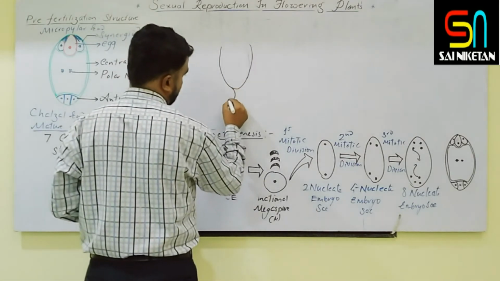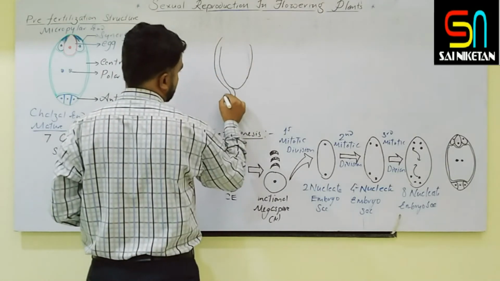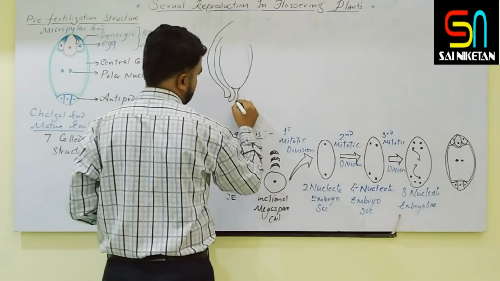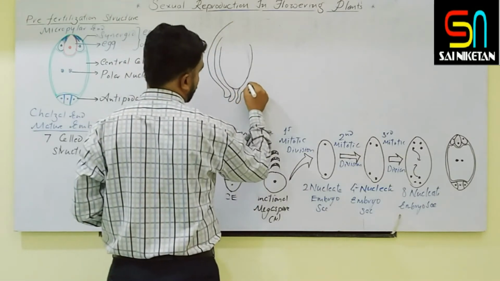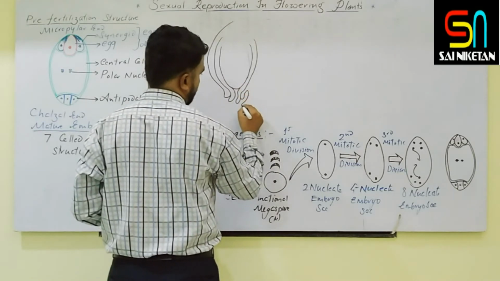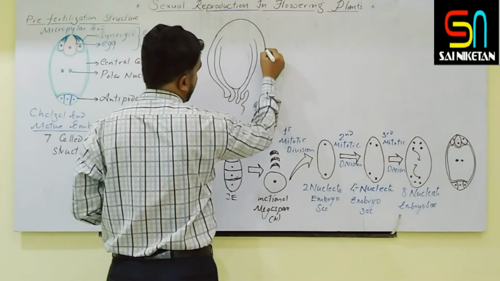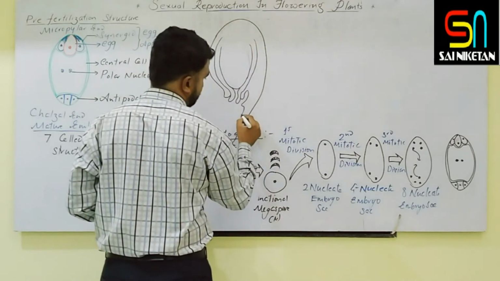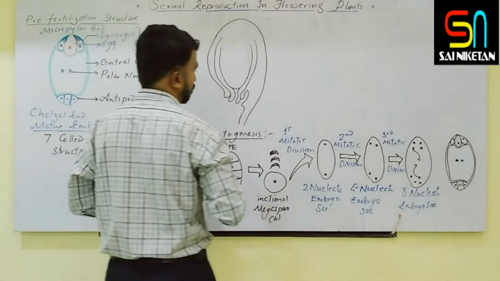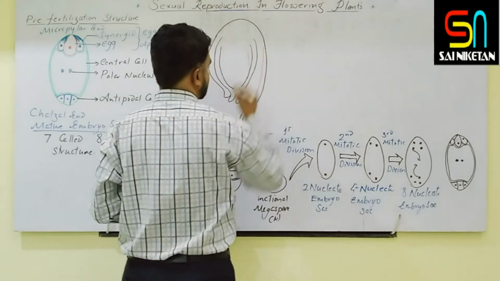So there is the inner integument and the outer integument, and this layer will come, and hilum, and this is the funicle. This is the anatropous ovule which we drew in the last video. So this is the raphe which will extend.